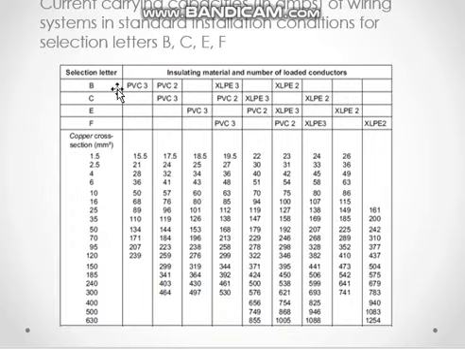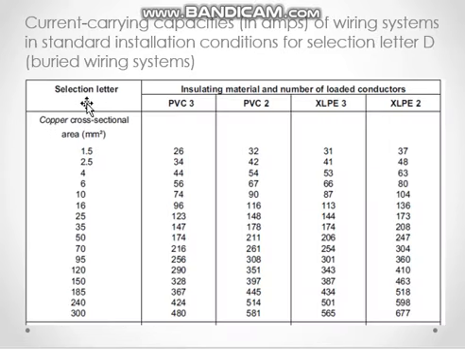So here I have the table that you can use while calculating the cable size. These are cable sizes, these are their current carrying capacity. These are letters that correspond to the method you have used while installing your cable. We have B, we have D, we have C, we have E, we have F, and here we have D, which stands for the underground cable.